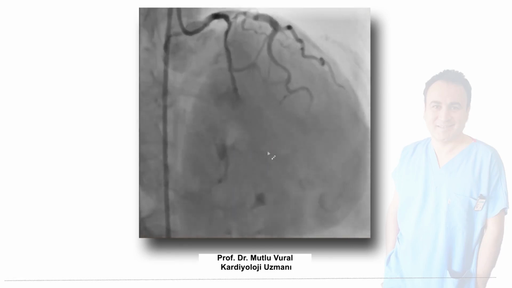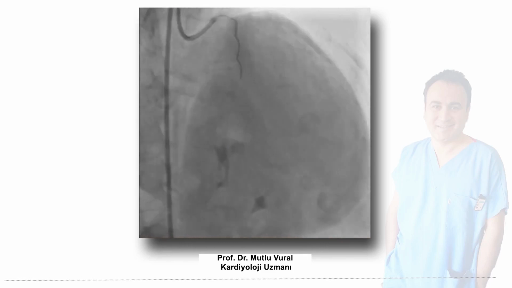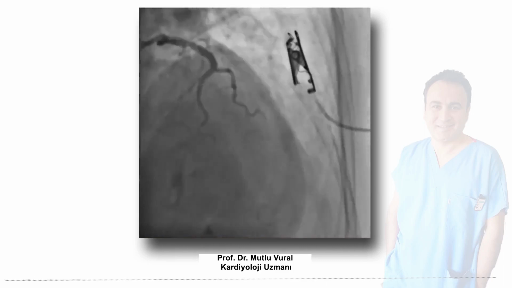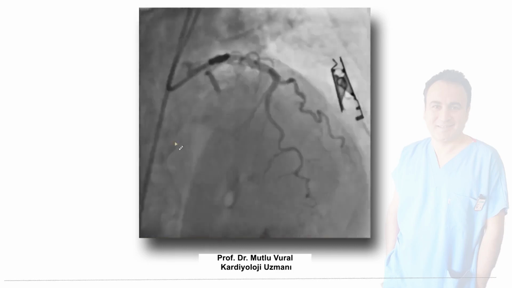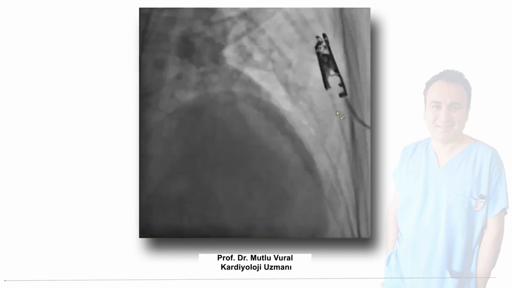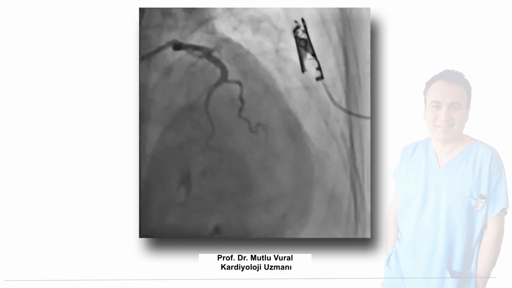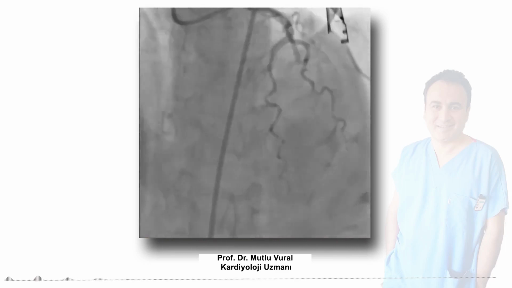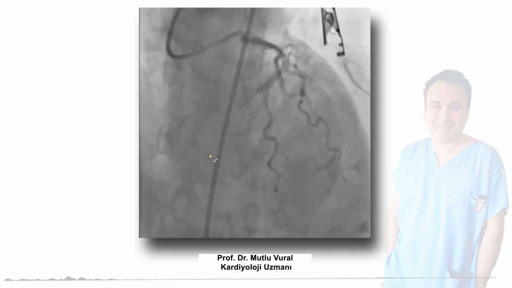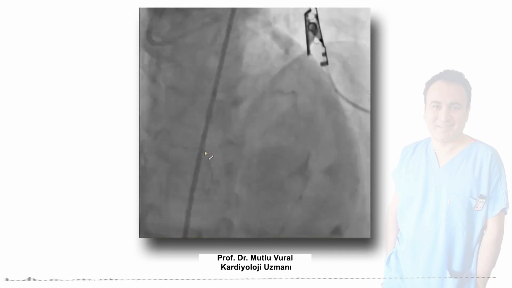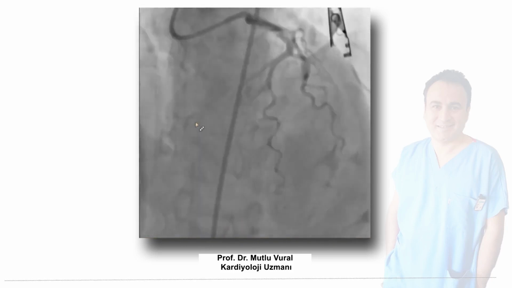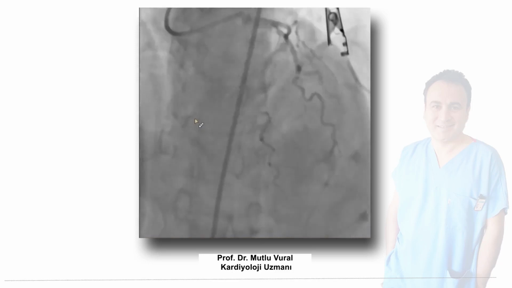This patient suddenly developed cardiogenic shock. You see tachycardia now. We can save this patient without surgery. Unfortunately, this patient had undergone surgery for pericardial tamponade.